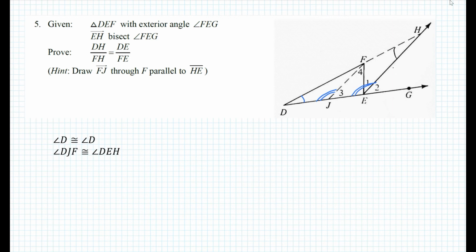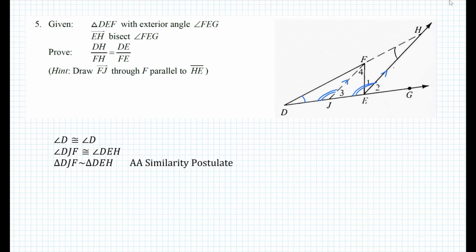The reason for that is that we have these two lines that are drawn and are parallel. If two parallel lines are cut by a transversal, then corresponding angles are congruent. Now we can state that triangle DJF must be similar to triangle DEH because of the AA similarity postulate.